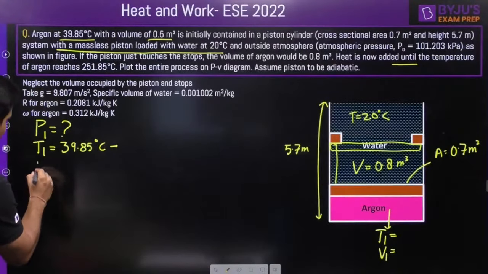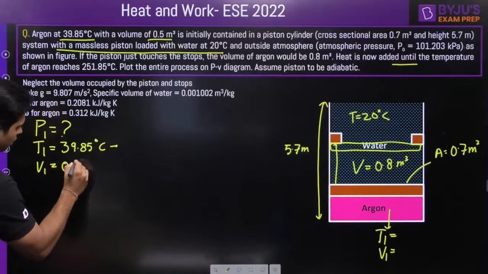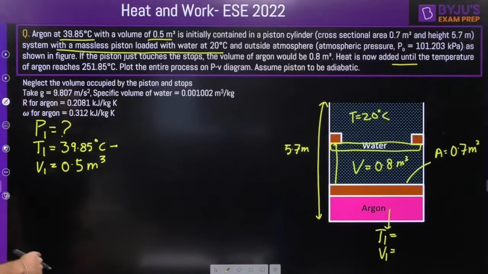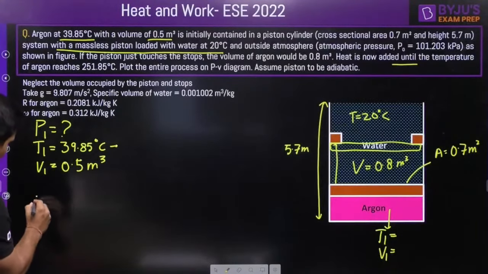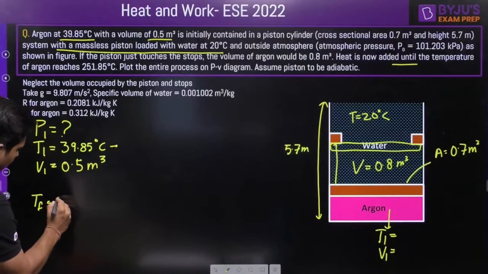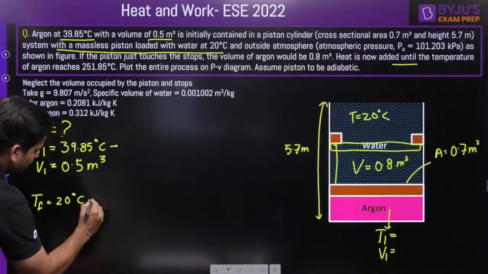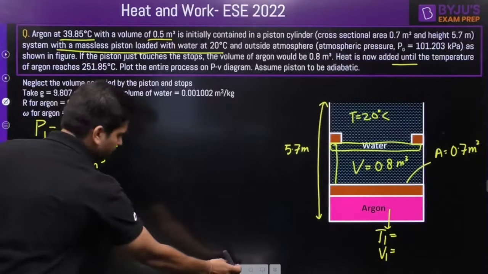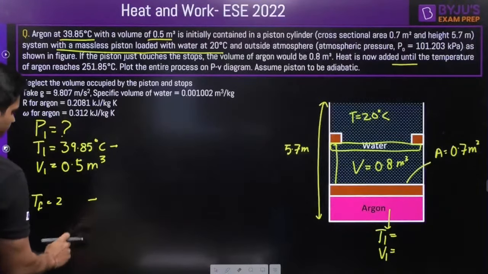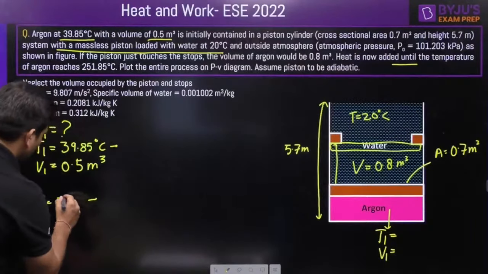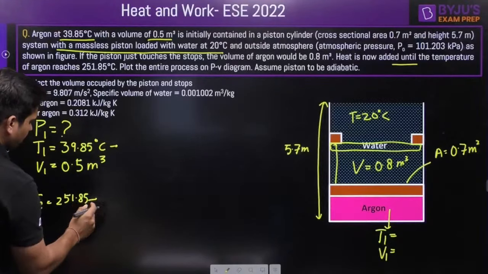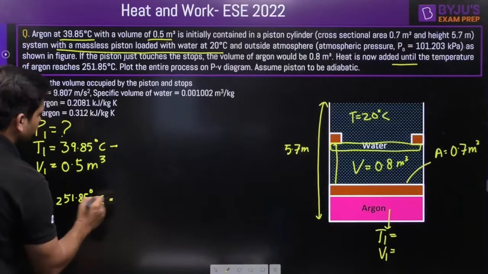T1, V1 is given, 0.5 meter cube, and T final they are giving us, T final is 251.85 degree Celsius.